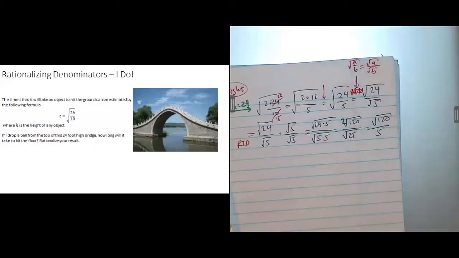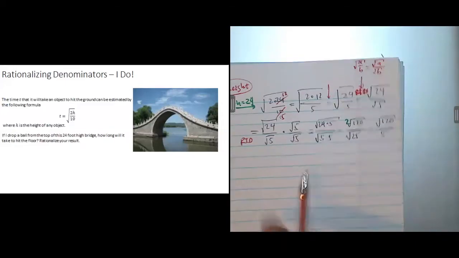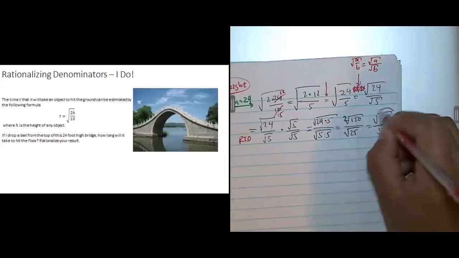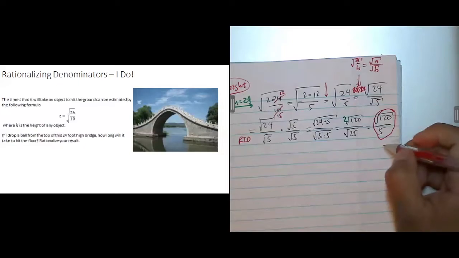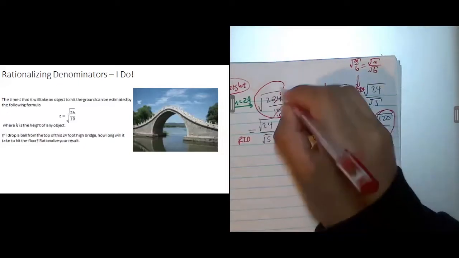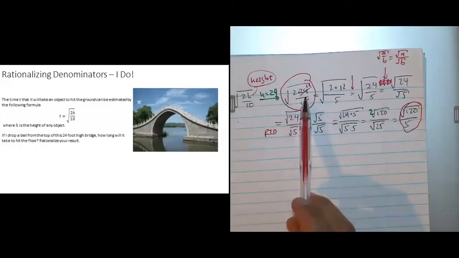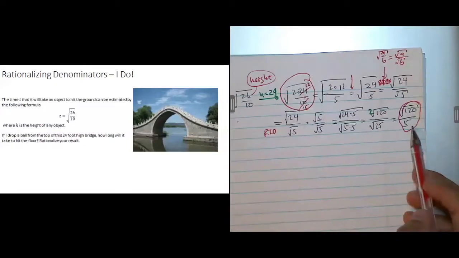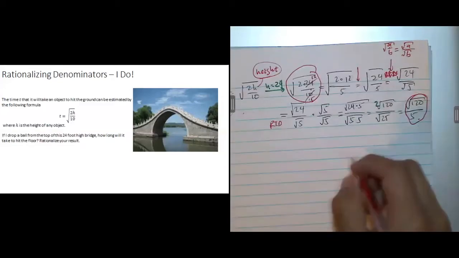So the answer for this problem is this. And yes, it's the same as the piece that we started off with when we substituted the 24 originally, but this is the acceptable format in math when it's rationalized, for reasons that I showed earlier.